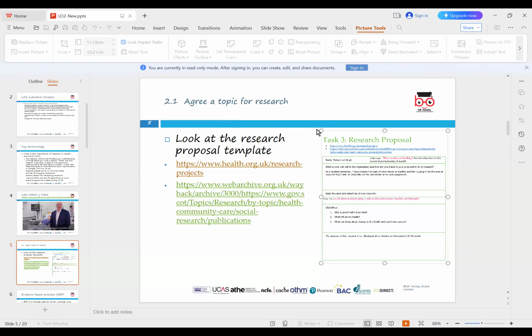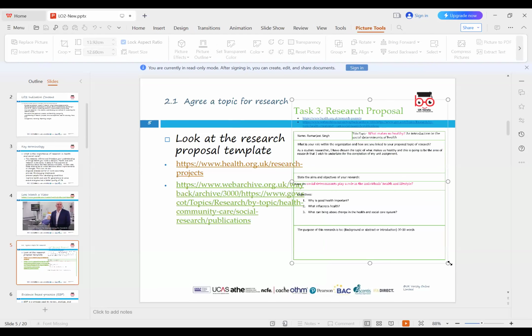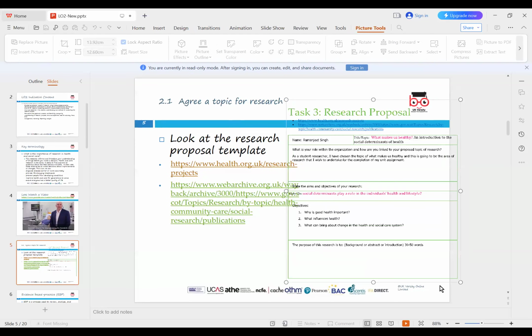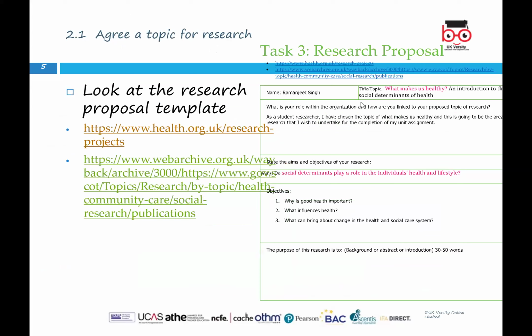So the research project template, if I show you this, let me make it bigger for you. If you would want to do a research project, your name would be here. Just let me turn on my annotation. Yeah. So the template that will be given to you would have your name and your title here.